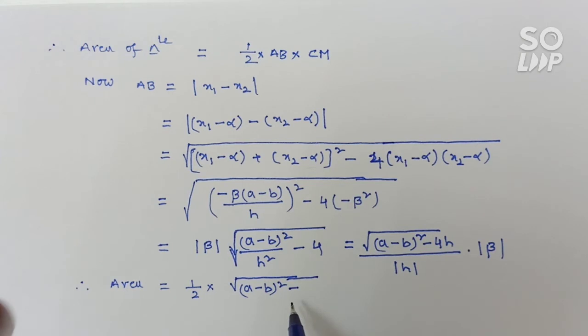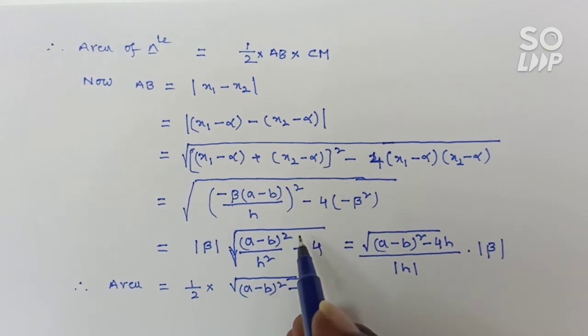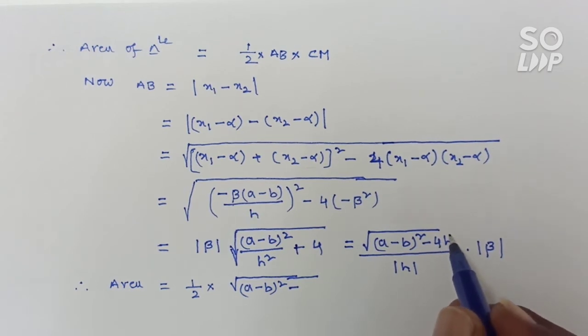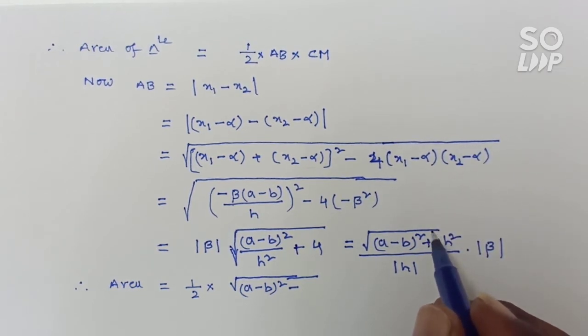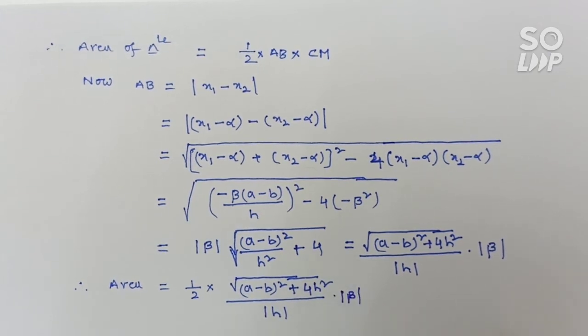minus, this one you can write that here minus into minus, that is plus there. So this one is also 4h square plus 4h square. So here 4h square whole divided by modulus of h into modulus of beta. This is the base.